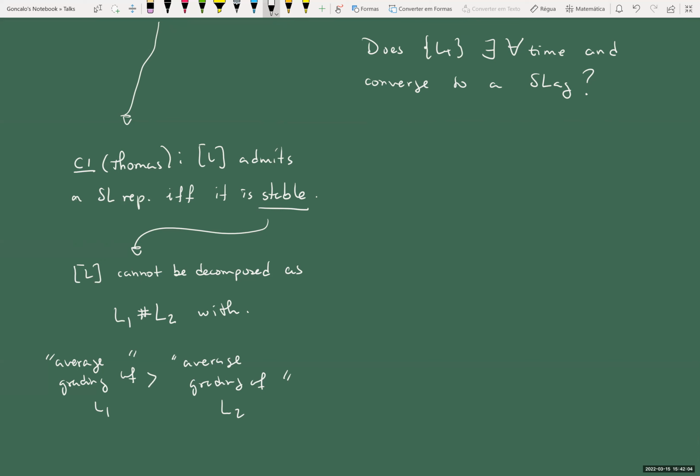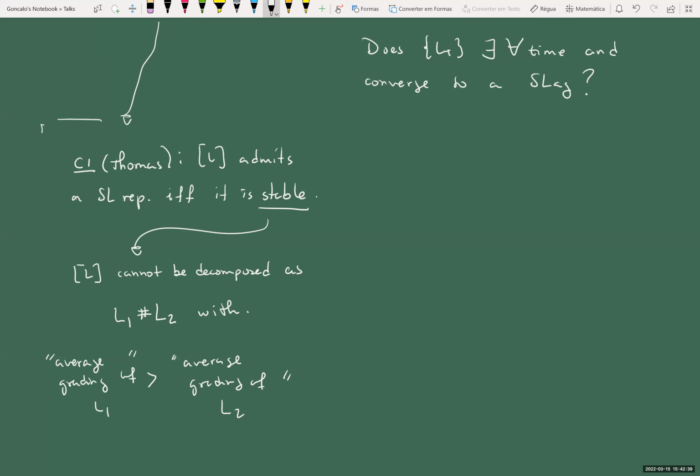There is a notion of stability for holomorphic vector bundles on a Kahler manifold. And there the notion of stability means that there is no subsheaf whose slope, which is the analog of this average grading, is greater than the slope of the whole thing, but it can be translated into this condition here, so you can use that to motivate this conjecture.